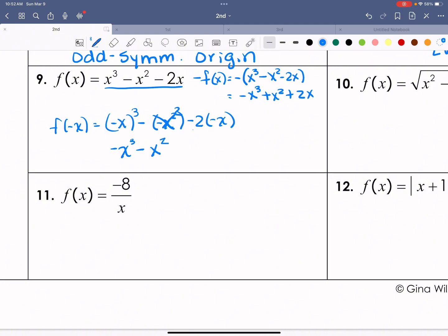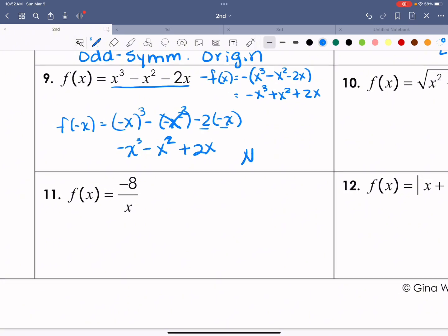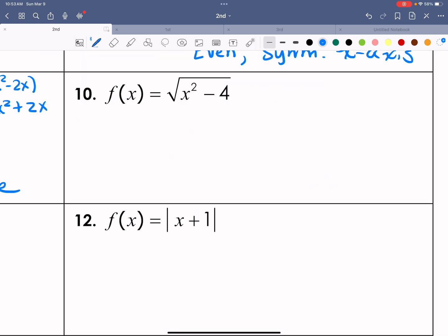And then minus 2 times minus x is plus 2x. Okay, so which one does this match? Neither one. So this is none.